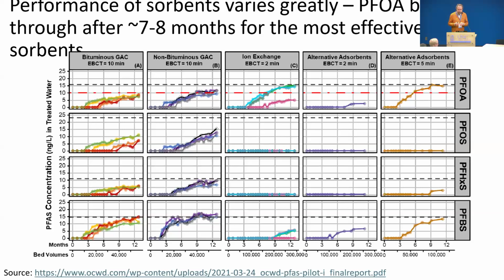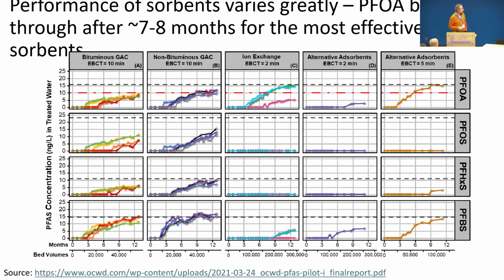Activated carbon, anion exchange processes, and some novel sorbents are put into large vessels, and water flows through those vessels. There are some common features to how these technologies perform. Here are graphs for 4 different PFAS: PFOA, PFOS, PFHxS, and PFBS. The x-axis is time or bed volumes of water treated, and the y-axis is the PFAS concentration.